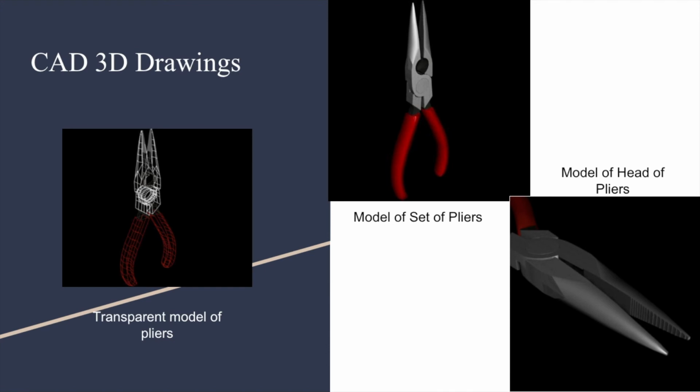The model of the set of pliers that is not transparent and the model of the head of the pliers that is also not transparent just serve the purpose of illustrating the devices in specific detail for engineers like you and me to fully grasp what members they're working with in order to complete the task efficiently and accurately. So these drawings ultimately help analyze the set of pliers before going ahead and solving the problem at hand.